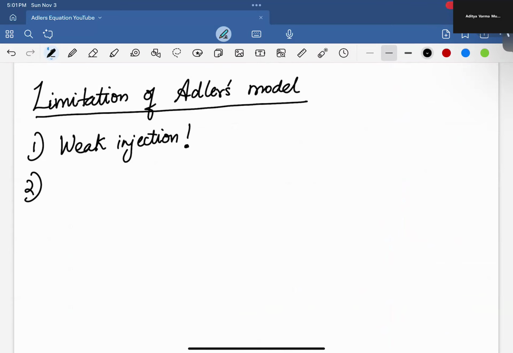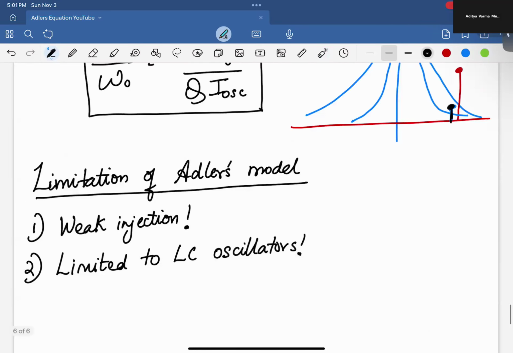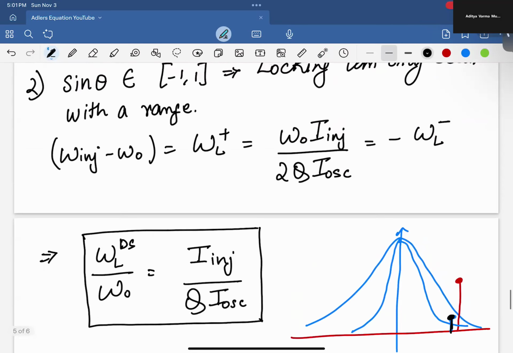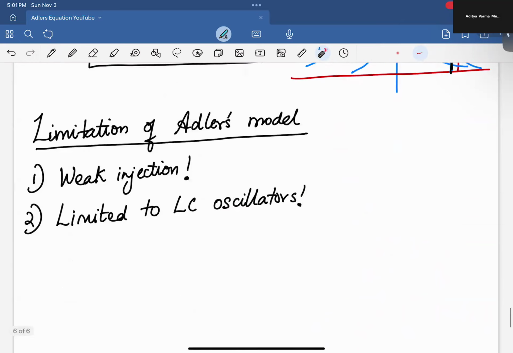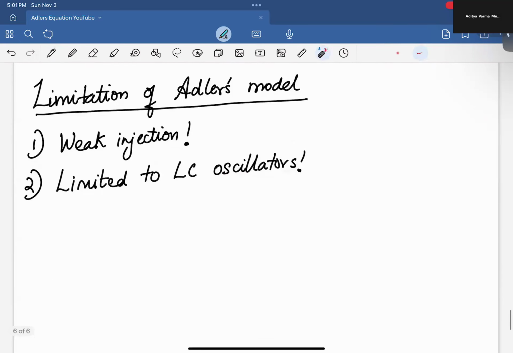Okay, so it's also limited to LC oscillators, right? In this derivation, and even in Adler's original derivation, he assumes that it's an LC oscillator. It has a specific Q quality factor, and he derives it that way. But this phenomenon of injection locking goes way beyond even electrical oscillators.